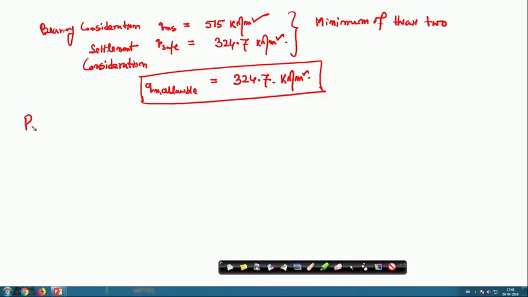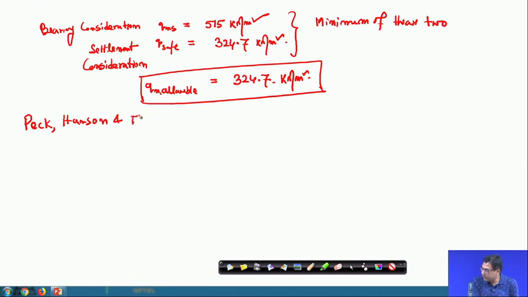So, Peck, Hansen and Thornburn, which is given in 1974, their expression is Q net allowable equal to 0.044 Cw N S. Okay.